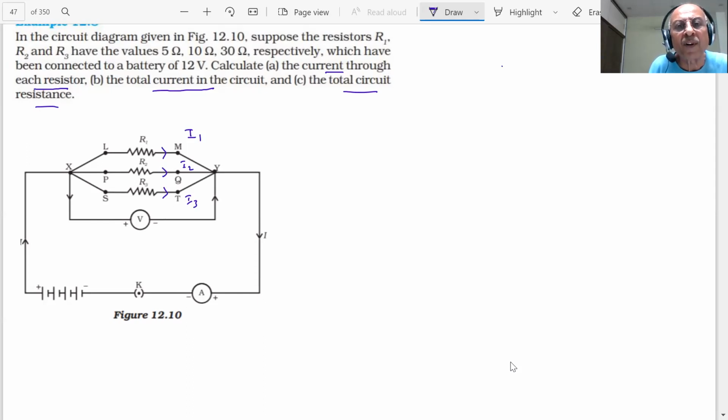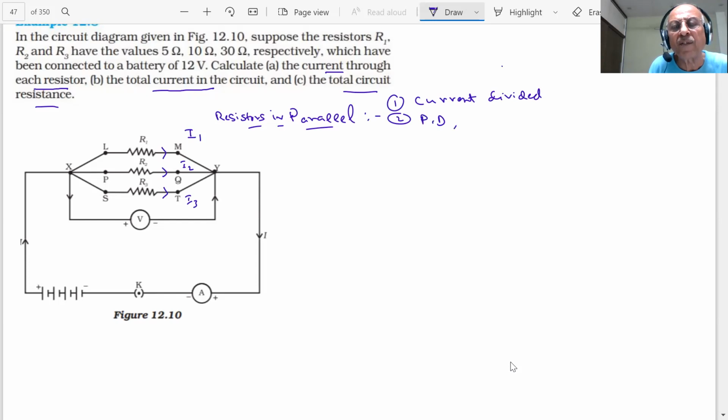You are given that the resistors are in parallel. So we already know if they are in parallel, then current will get divided. And what will happen to the potential difference, student? Potential difference 12 volt will remain the same.